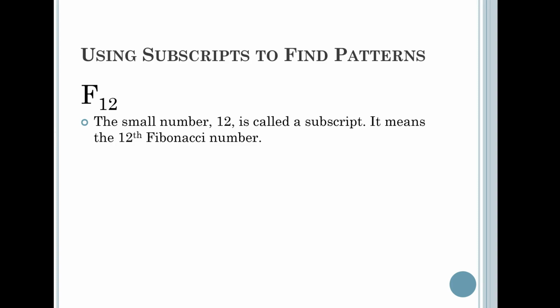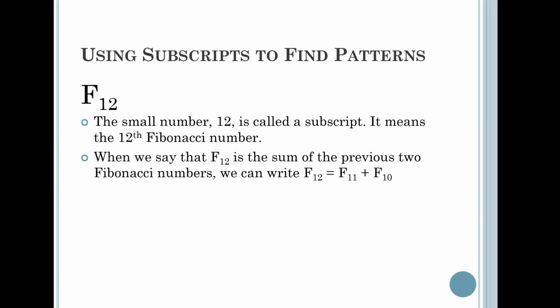So we're going to use subscripts to find patterns in the Fibonacci numbers. Let's talk about subscripts a little bit more before we look at the pattern. Do you remember what F12 means? F12 means the 12th Fibonacci number. And that 12, the little number, is called a subscript.